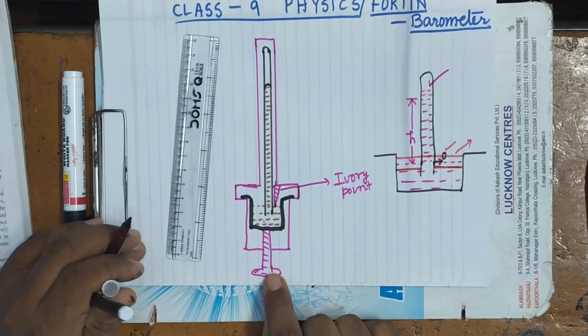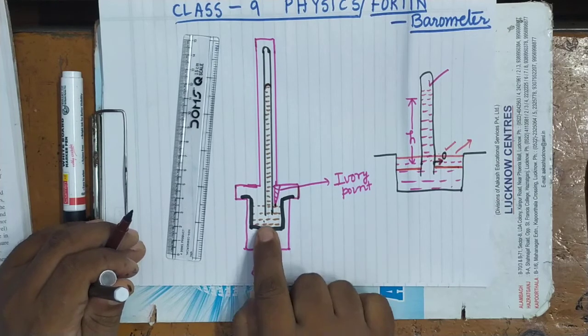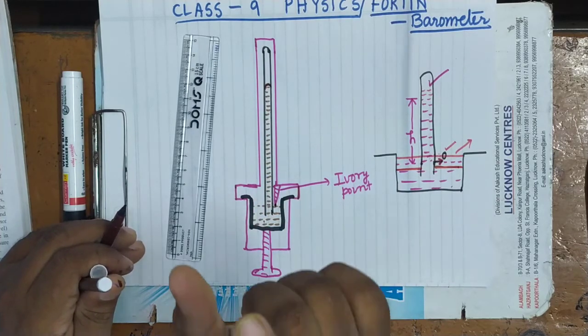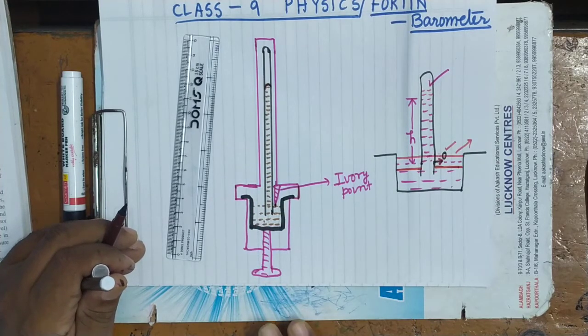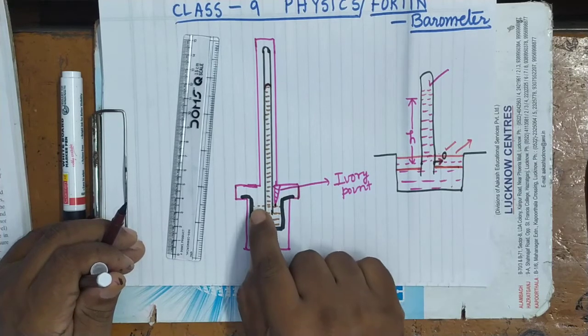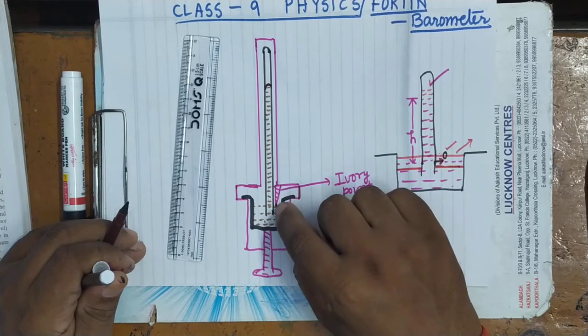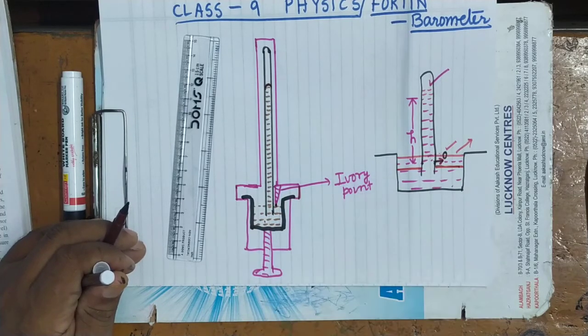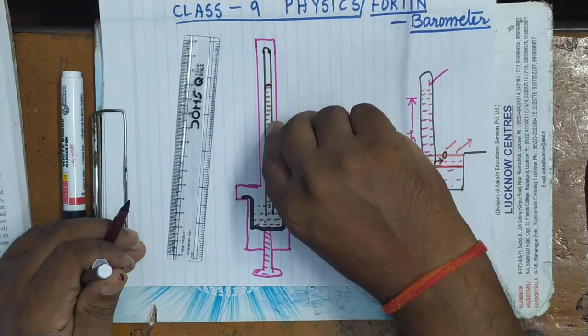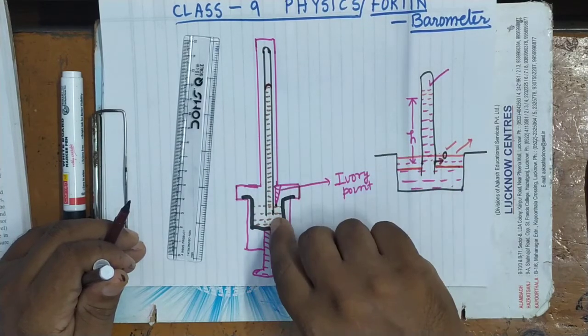By turning this screw, you will lift this leather cap up, so that once again the mercury level in the trough coincides with the tip of the ivory point.